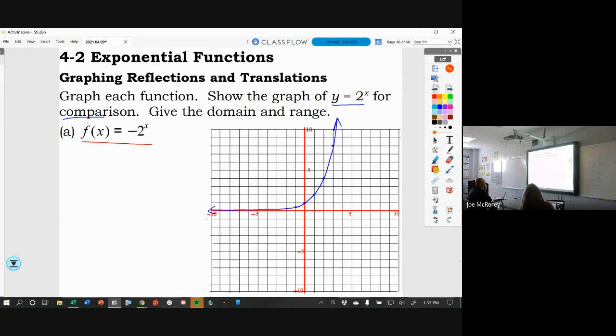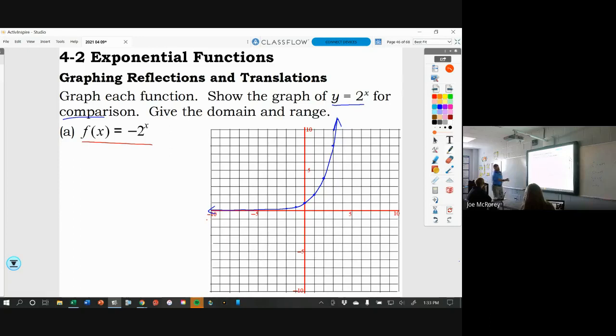What's that negative sign going to do to the function? It's going to turn it around. Flip it across the y-axis. X-axis. Guys, we're doing the exact same things we've done before with transformations. The function was 2 to the x power. I'm taking the opposite of that function.